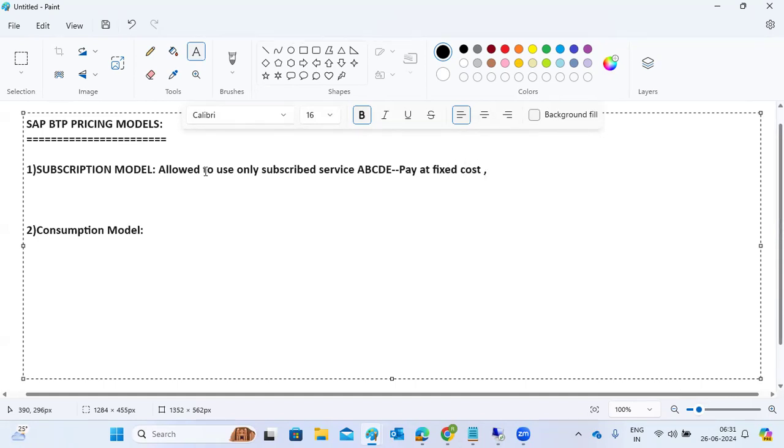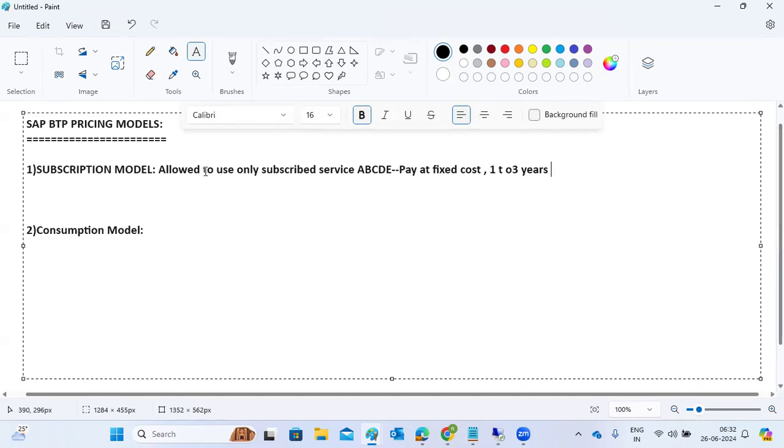So the services are at fixed cost here, right? This is the service contract here. If you go for the subscription based model, you have to pay the fixed cost, and only the limited services which you choose can be used. Then the contract is a 1 to 3 year contract only. You will get the service contract only for a 1 to 3 year contract period.